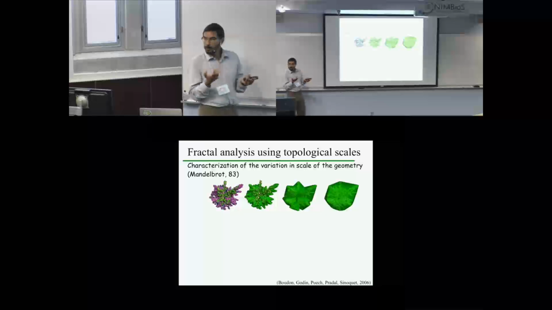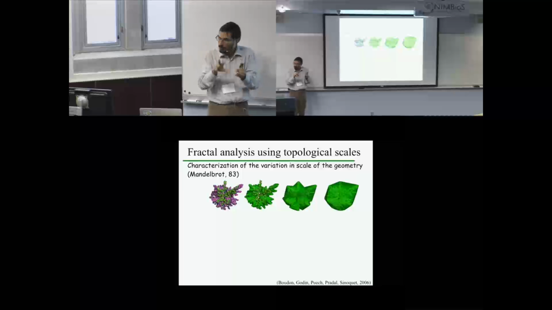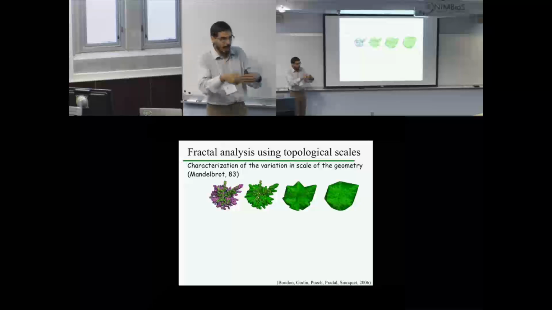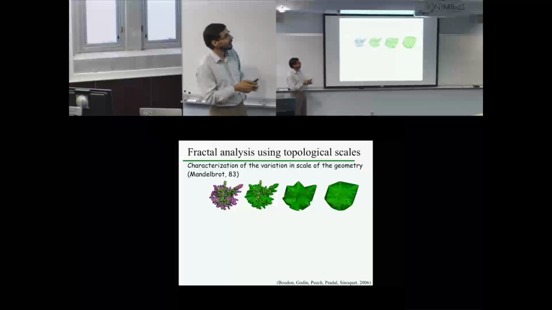But natural objects are really irregular. And if you compute, for instance, the length or the surface of an object, and you zoom in on it, each time you zoom, the length or the surface will increase infinitely.